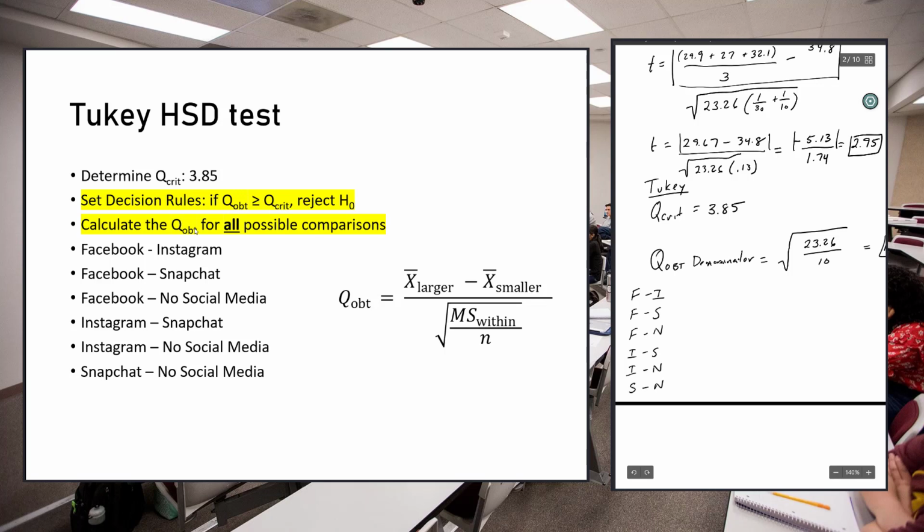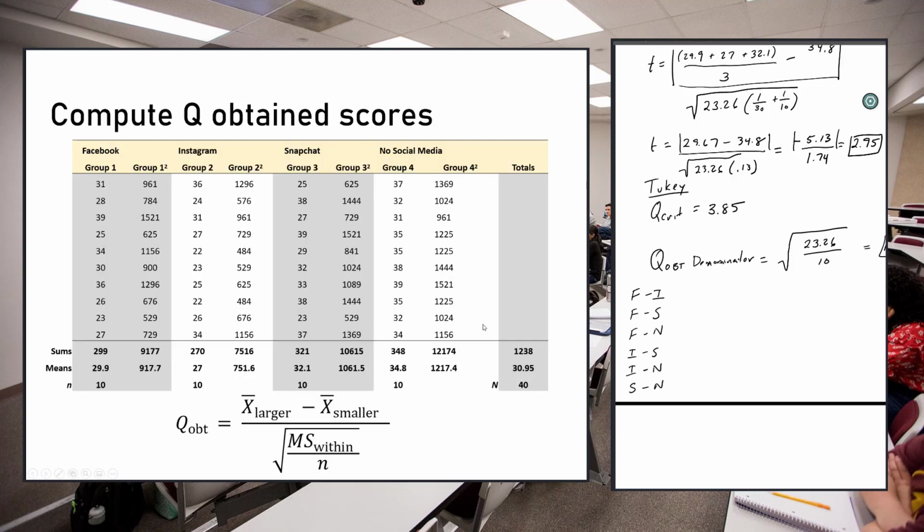And then what we need to do is go look back at our table and just plug in the means. So Facebook versus Instagram is going to be 29.9 minus 27. Facebook minus Snapchat is going to be 29.9 minus 32.1. So we can go down now.